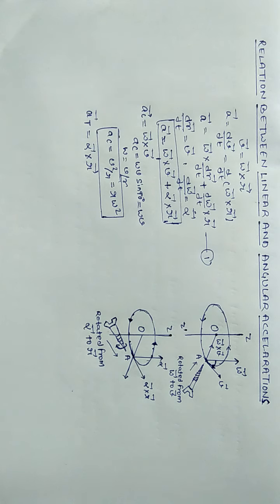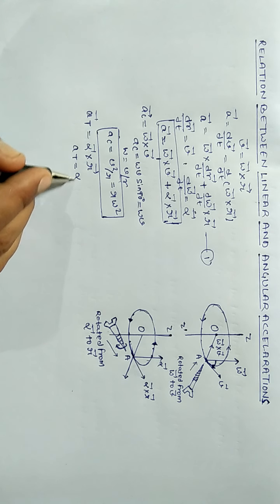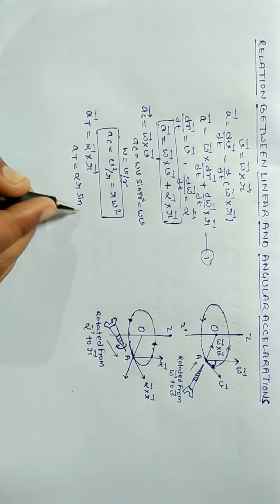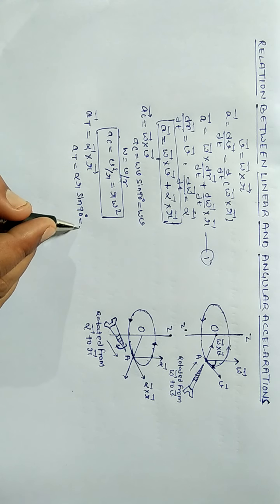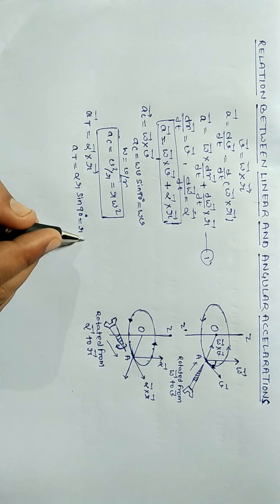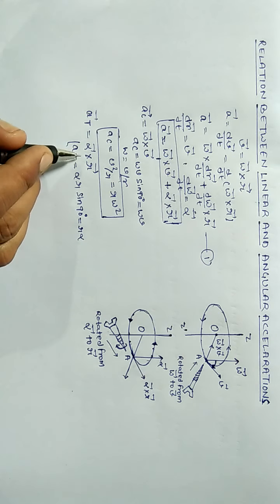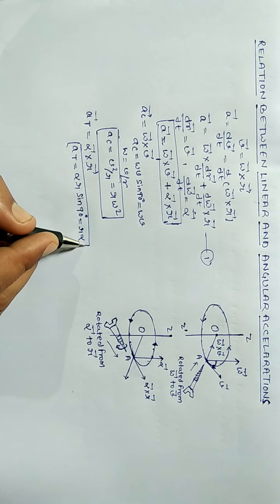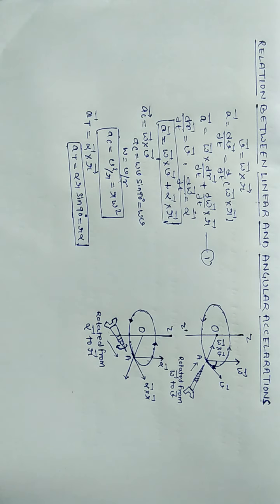Because alpha and r are at 90 degrees, at is equal to alpha r sine 90, which is equal to r alpha. This is the transverse component of acceleration.